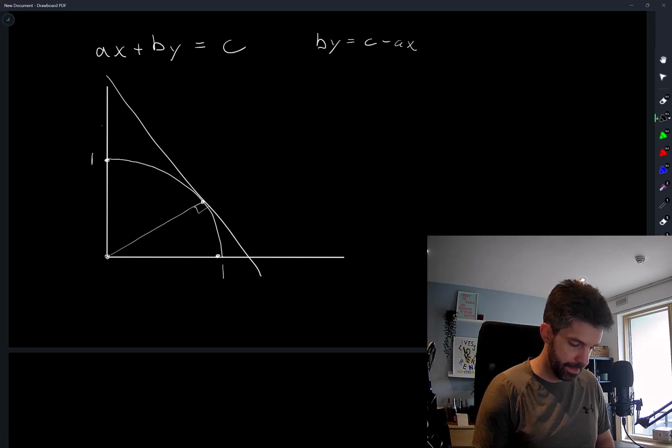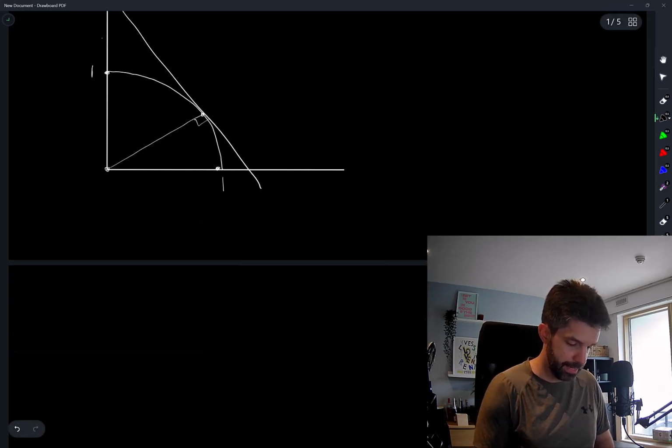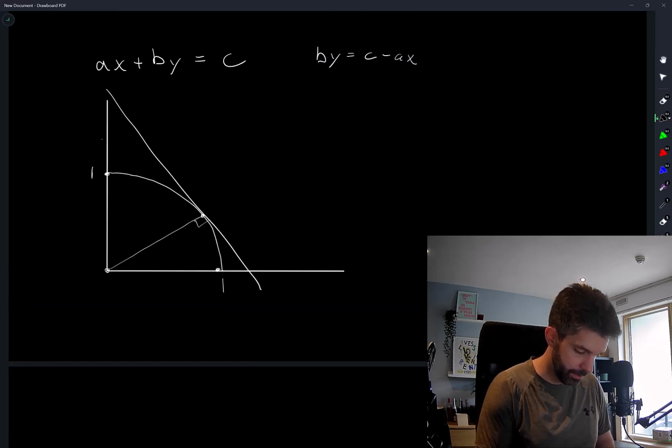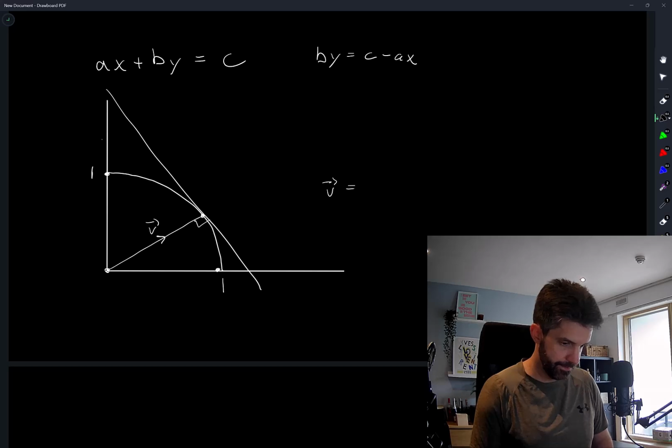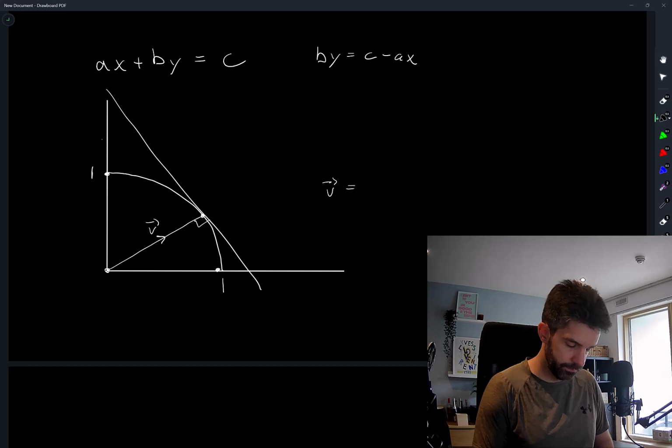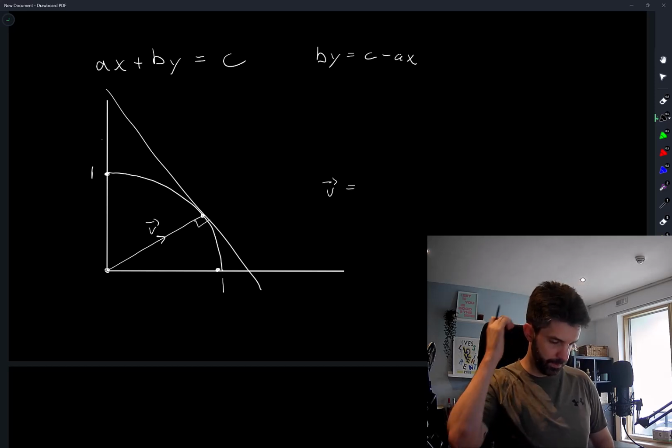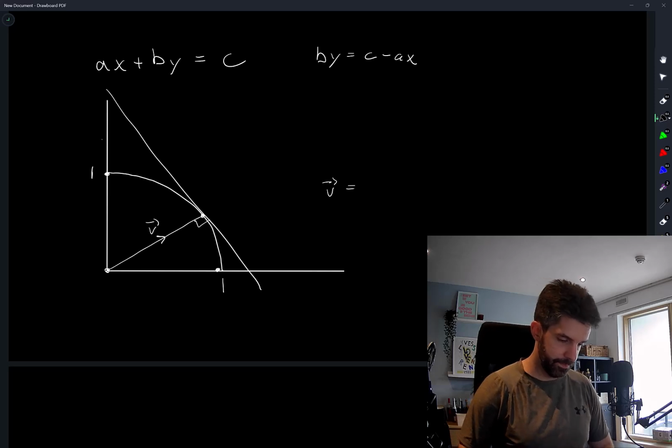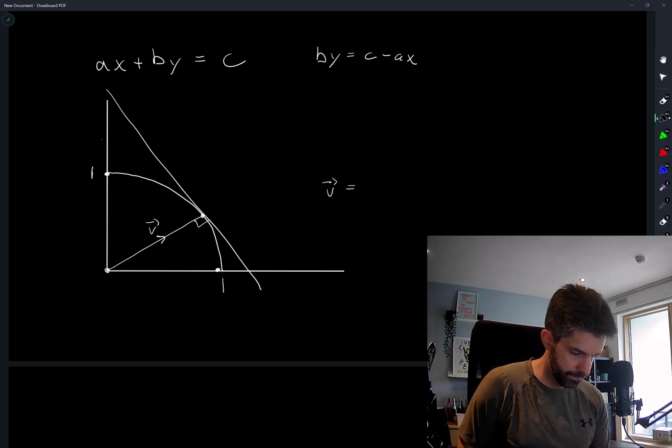And that direction is the normal vector, which is going to be a, comma, b.